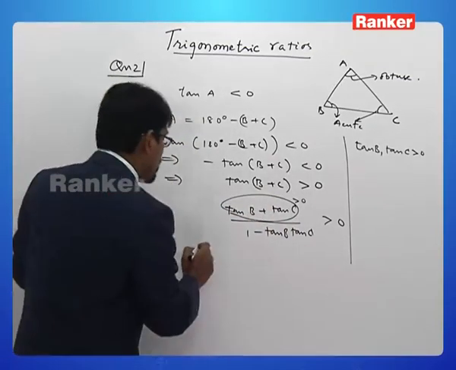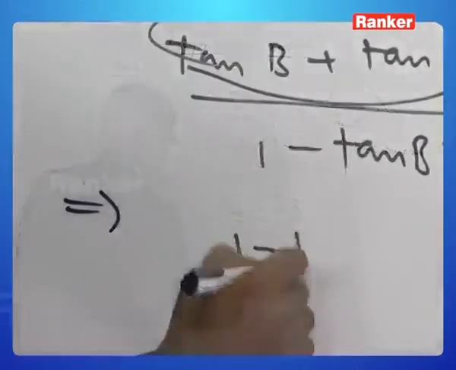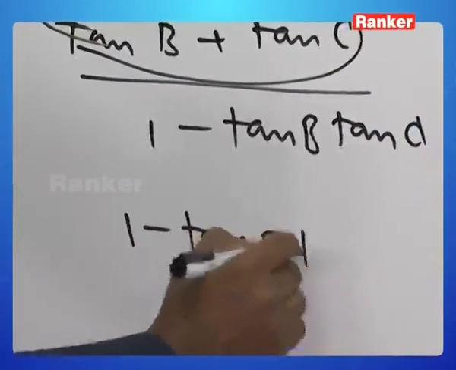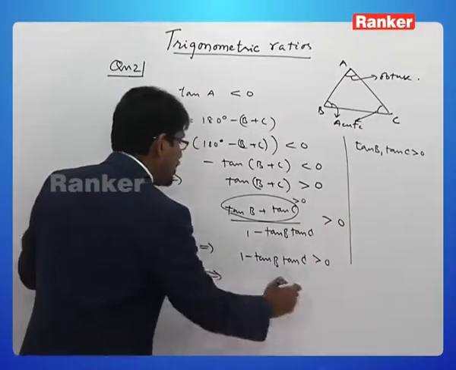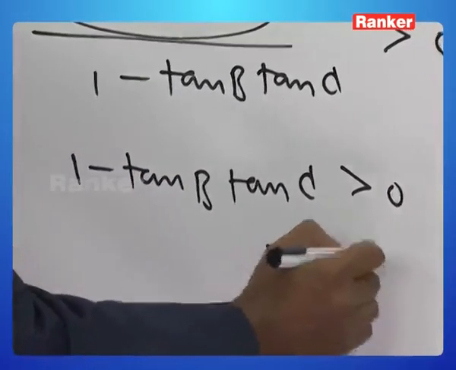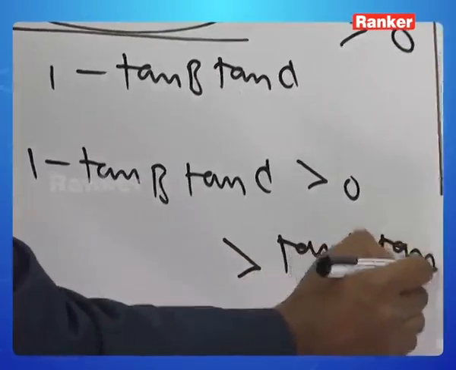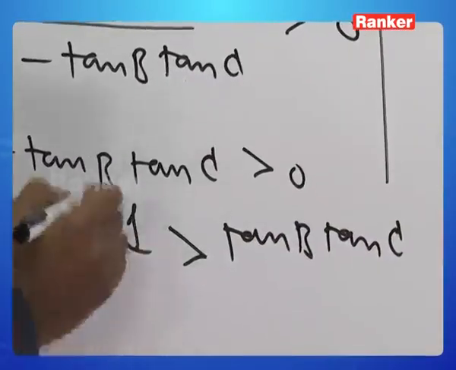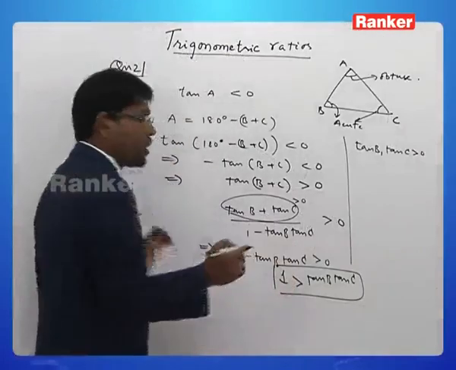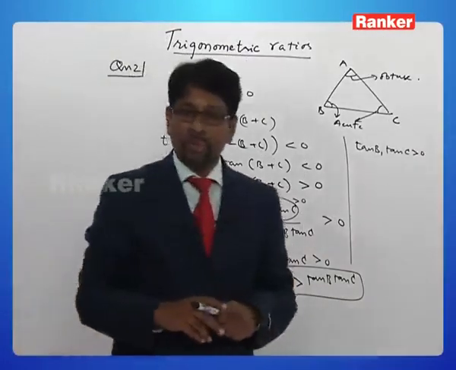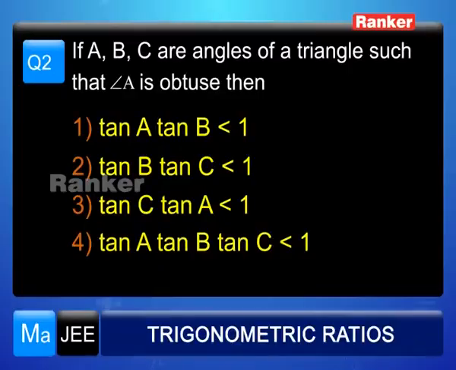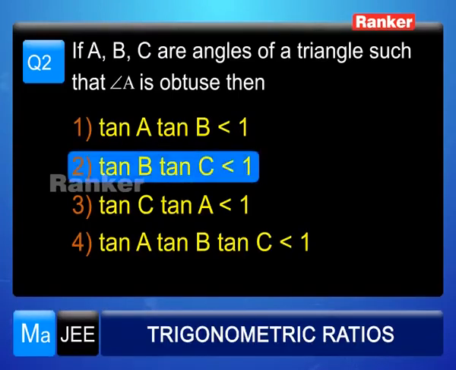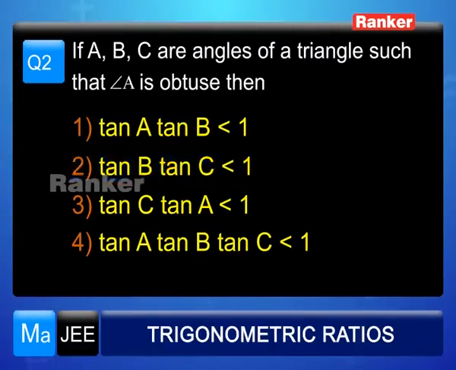So this implies 1 minus tan B into tan C also must be positive, which clearly implies that tan B into tan C is less than 1. So what we can infer from here is that tan B into tan C is less than 1, and that is clearly appearing in option 2. Option 2 is right.